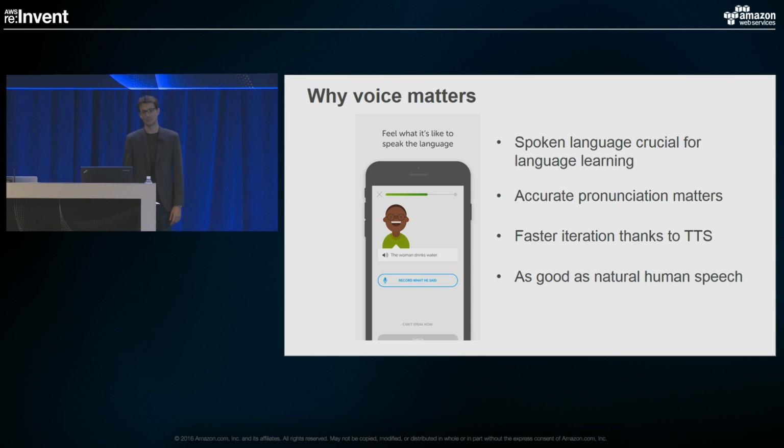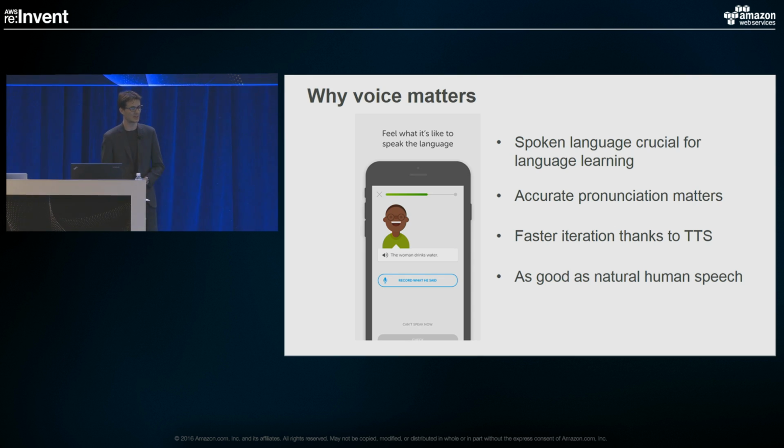Now, people always ask us why did you choose TTS and not record human voices like yourself and have those samples? The reason is it allows us to go faster. We can generate new content and just run it through TTS and put it into the app really fast, instead of having to hire a voice talent and record it and put it online and all that. So it allows us to go faster.